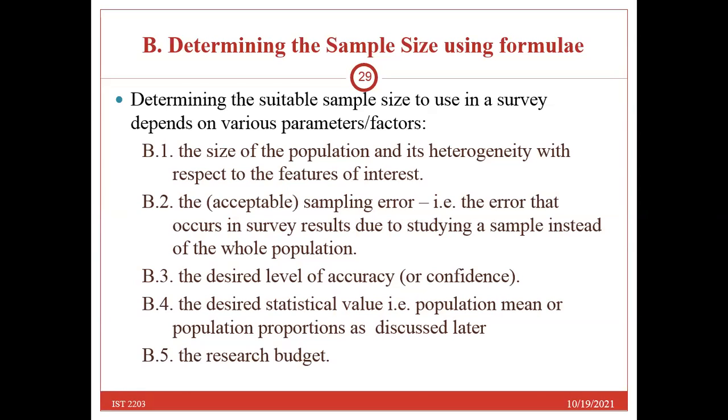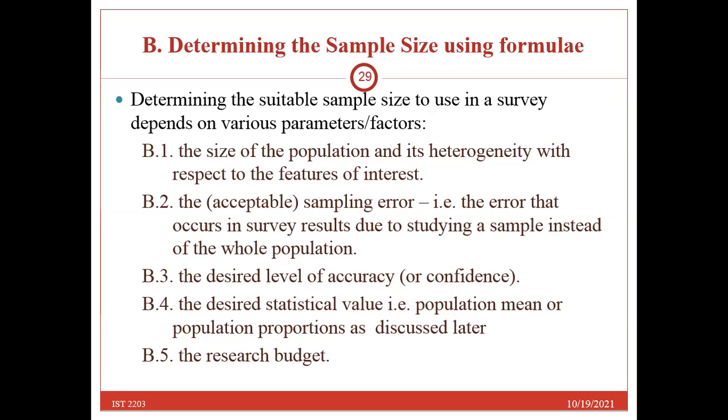Then you need the sampling error, whereby sampling error is the error that occurs in survey results due to studying a sample instead of the whole population. So sampling in and of itself introduces an error in the process just because you never sampled the entire population. So there's an inherent error, but this error has to be acceptable.